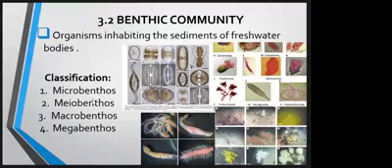Now we have the microbenthos, which are smaller than 0.1 mm or micrometers, which include the bacteria, diatoms, ciliates, amoeba, and even flagellates. The meiobenthos is also called meiofauna, which are small benthic invertebrates that live in both marine and freshwater environments.